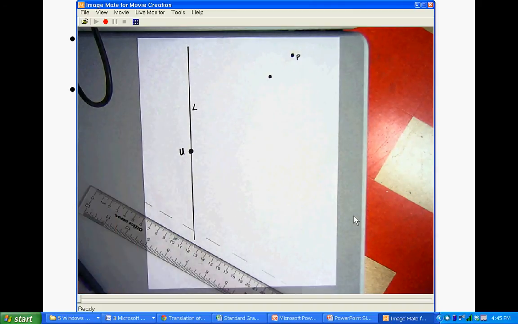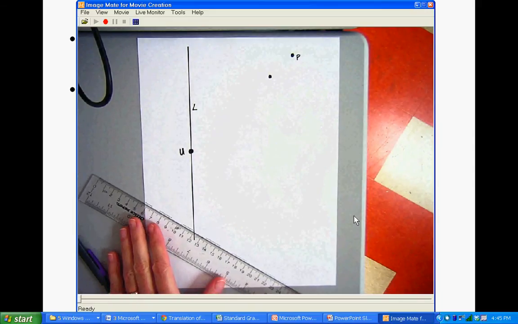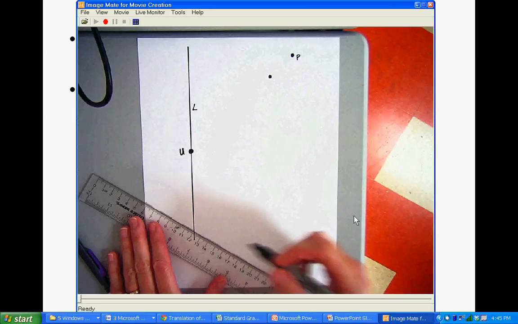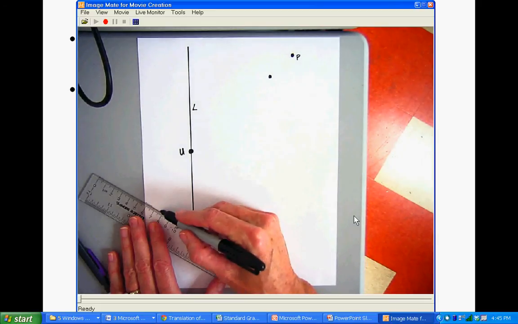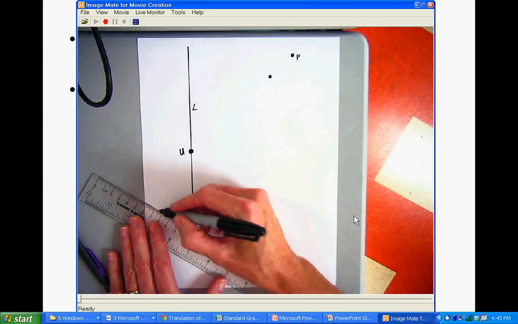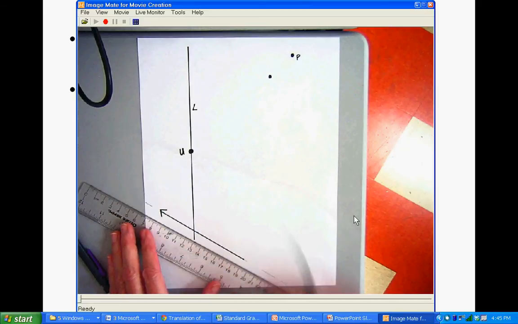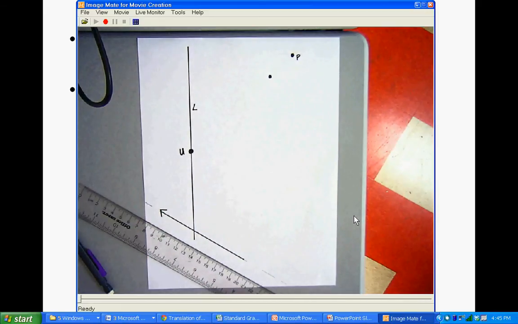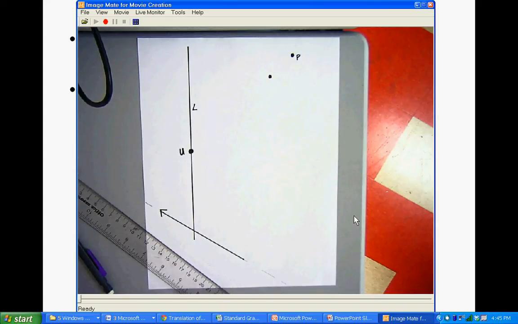But then I want to identify a vector length. So I'm going to copy that over, and it's going to look like this. Okay, so here's my vector length. I haven't named it, but basically we have a geometric figure consisting of a vertical line L and 2 points. We are going to describe the effect of this figure when we translate the plane along the black vector in this case.